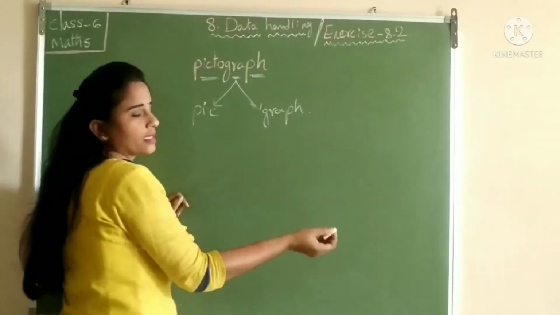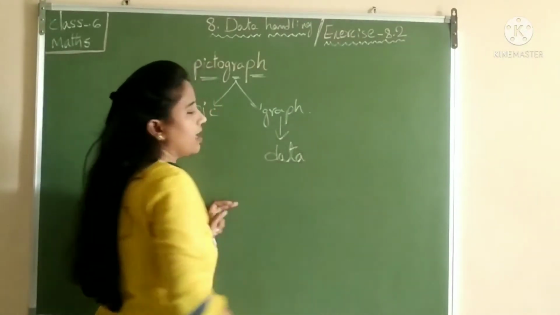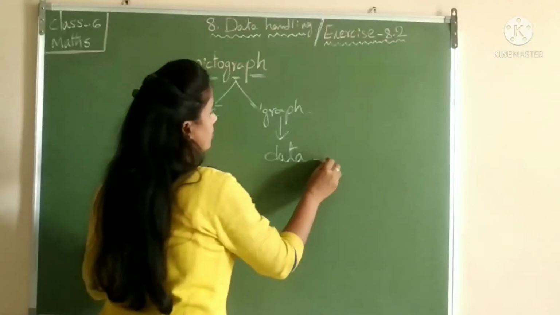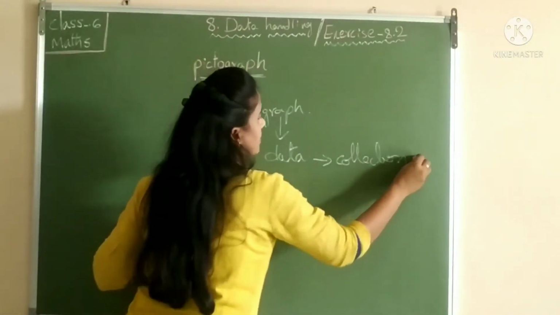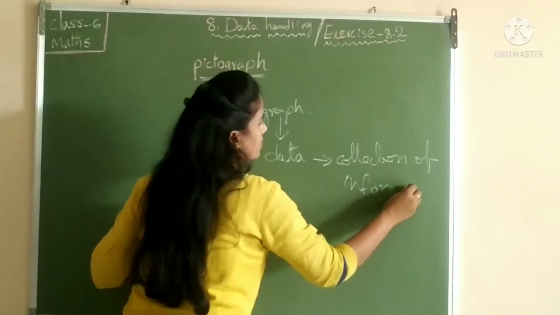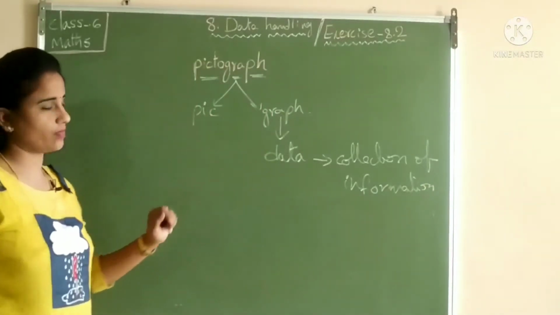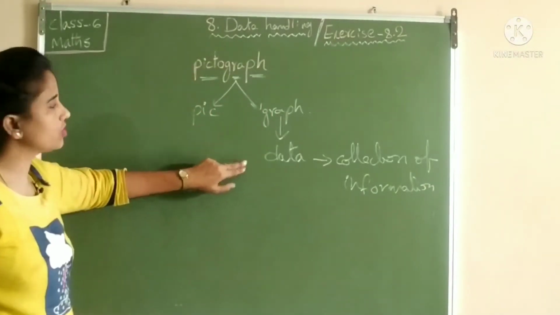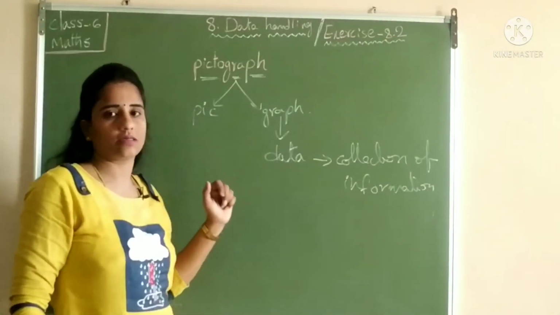Graph means data. Data we already know is a collection of information. Data is nothing but a collection of information. So this is a pictograph. Using a pictograph, the given data we will show in pictures.